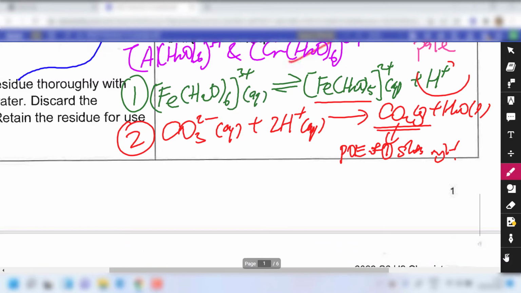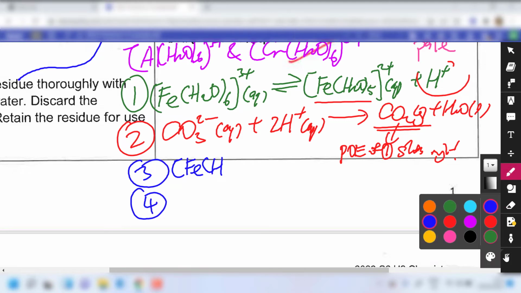So this gives us this particular species, but that is not all, because the reaction will actually continue to generate more H plus. So we're going to have a third and fourth equilibrium taking place. For the third equilibrium, sorry, I think I missed out the OH here.